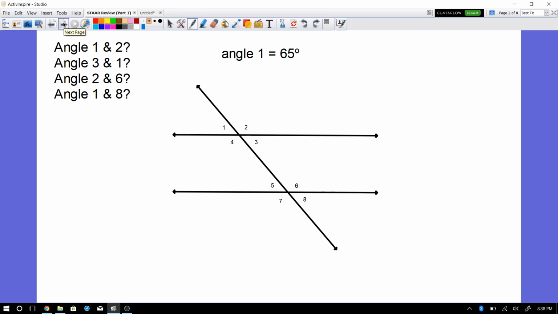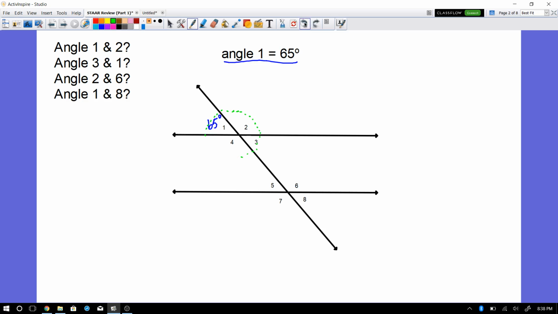All right, so first, the vocabulary intensive should be a refresher. But we do know that whenever we're given information like angle 1 is 65 degrees, we're going to put that in. Just as a reminder, we had all straight lines are equal to 180 degrees, because if we were to do all the way around, we'd have a circle, and that's equal to 360 degrees.